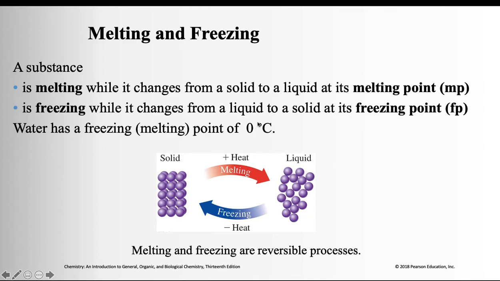Do not confuse this with Fahrenheit. It's 0 degrees Celsius, which is 32 Fahrenheit. That's the freezing or melting point of water. It's the point at which either we add heat to the solid to become a liquid, or the liquid gives off heat to become a solid. So these are reversible processes. The only difference is that one absorbs heat and the other releases it.